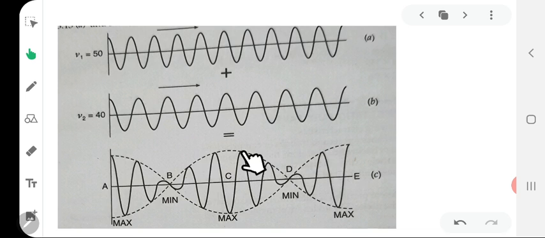Now this was understanding the formation of beats with the help of a graph. Let us try to understand this using the analytical method. Suppose we consider two harmonic waves of equal amplitudes but of wavelengths lambda 1 and lambda 2 traveling in a medium in the same direction with the same speed along the positive x-axis.